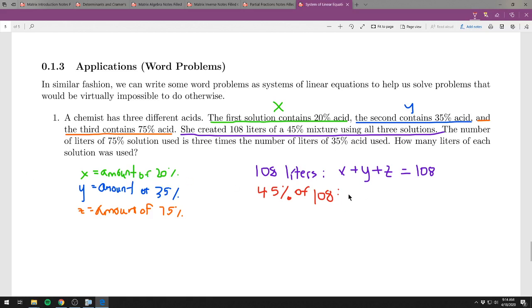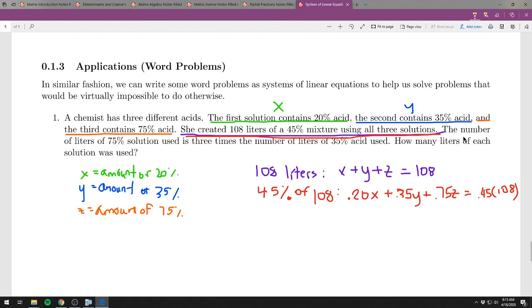So X is the amount of 20%, we get 0.20X plus Y is the amount of 35%, we get 0.35Y plus the amount of 75%, 0.75Z equals, since it's 45%, 0.45 of the amount, which is 108. So this line gives us two things. It tells us that if we add our three amounts together, we get 108, but also if we multiply them by their acid percentages, we get this.